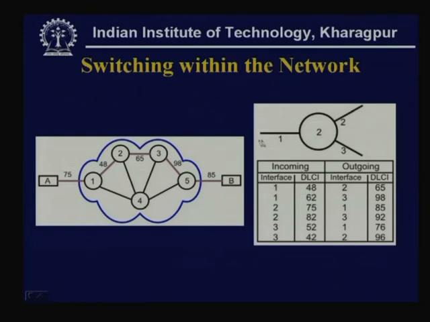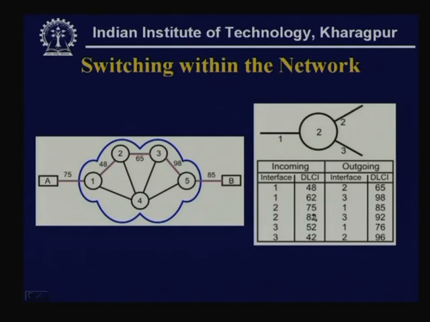When it goes from 1 to 2, the DLCI is 48 and the outgoing DLCI is 65, and whenever it is going to 3, the DLCI is different, 62, and the interface that it goes to is 3 and the DLCI is 98. And when it comes from the other direction, that means from 2 to 1, going in the reverse direction, as you can see, the DLCI numbers are different. That is how the full duplex communication can be done.